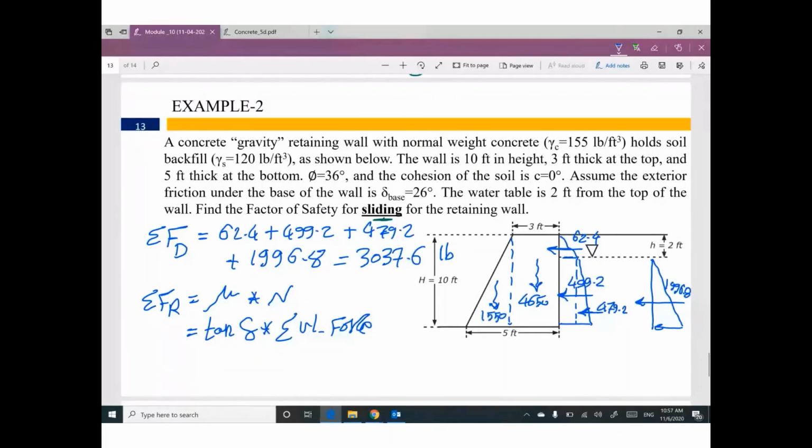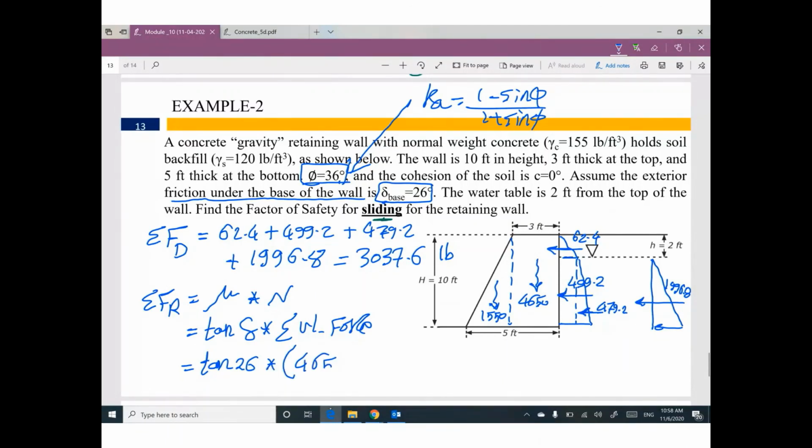So tan delta is given. Be careful. We have phi. This phi is used to figure out the value of K active: 1 minus sine phi divided by 1 plus sine phi. But delta is the friction under the base of the retaining wall. Tan 26 times the summation of all vertical forces, 4,650 plus 1,550.